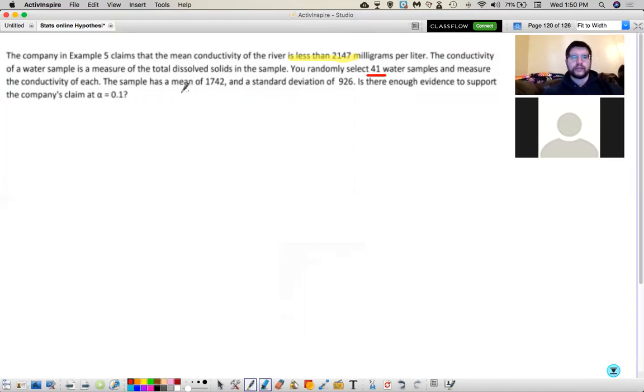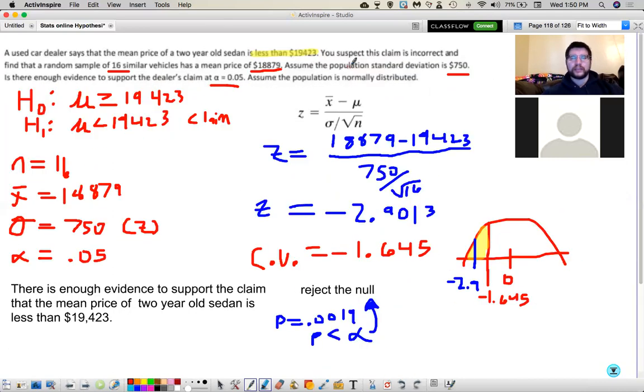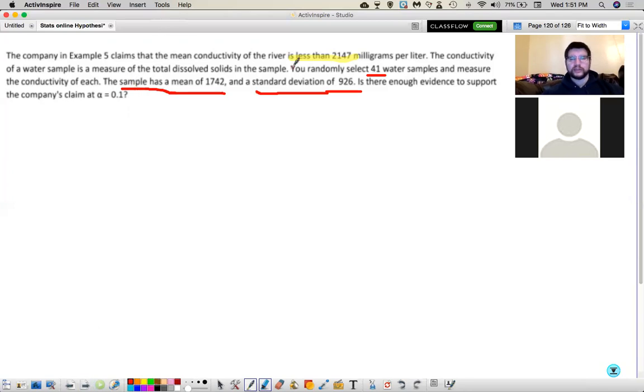That's our N. Sample mean, well, it even says sample mean, so yeah, right there. The sample has a mean of 1,742 and a standard deviation of 926. So again, this is the sample's standard deviation. Notice on the previous problem, the population standard deviation is 750. It specifically tells you whether it's the population standard deviation or the sample's standard deviation. You got to pay attention.